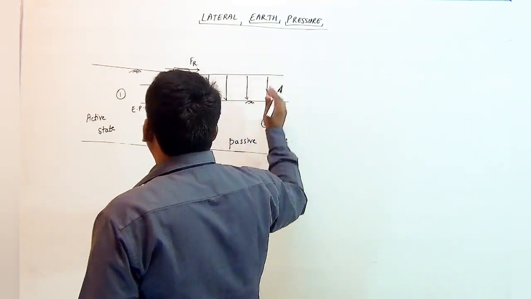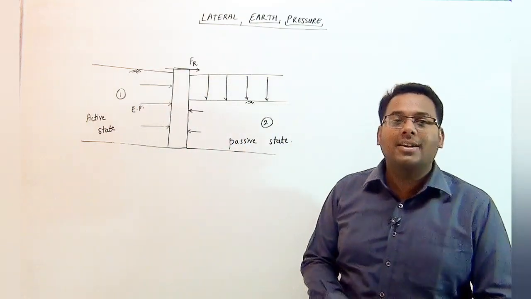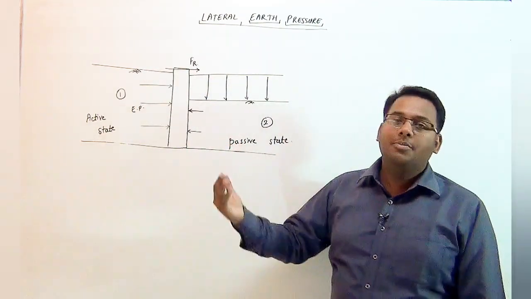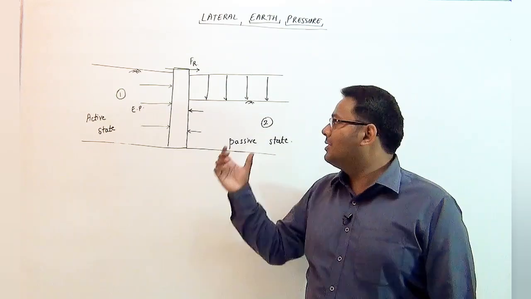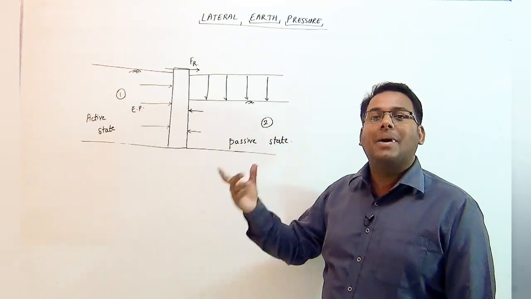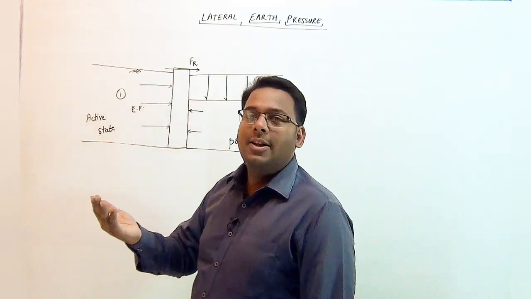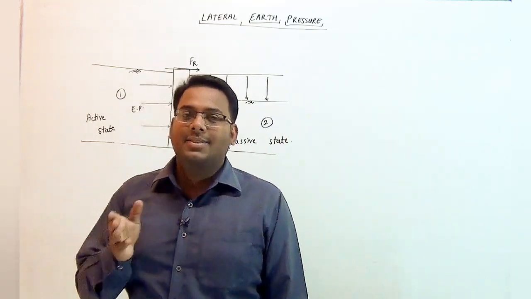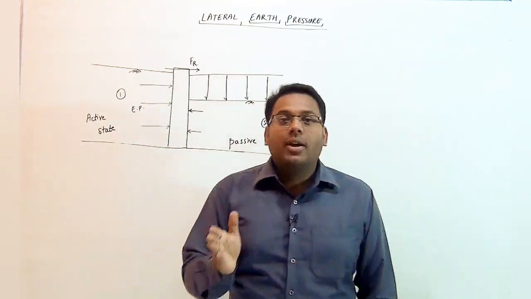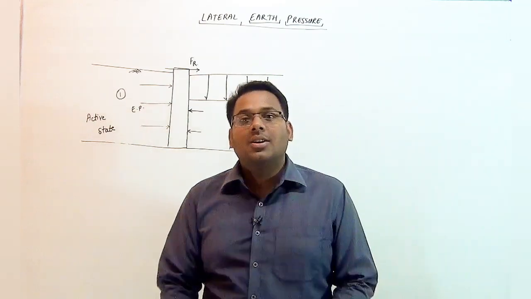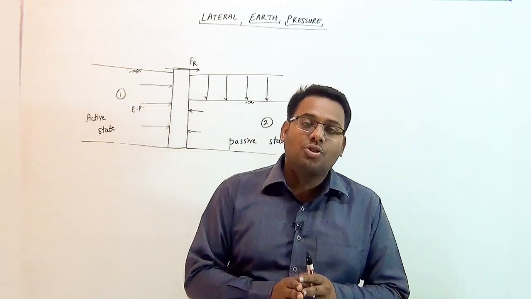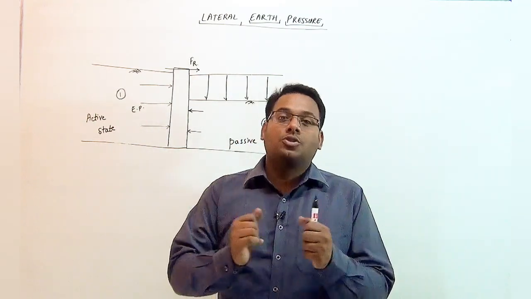Then there is a possibility that the horizontal force exerted by soil 2 will be more, and in that case soil 2, which was earlier in the passive state, will become active. Hence we can say that active soil or passive soil is not a type of soil, it is actually the state of soil.